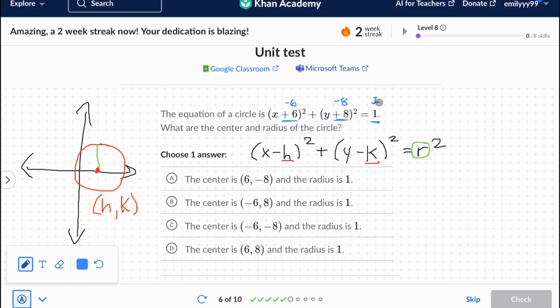So the center point should be (-6, -8), and the radius is equal to 1. Then we can put it into the Desmos graphing calculator to see if we're correct.